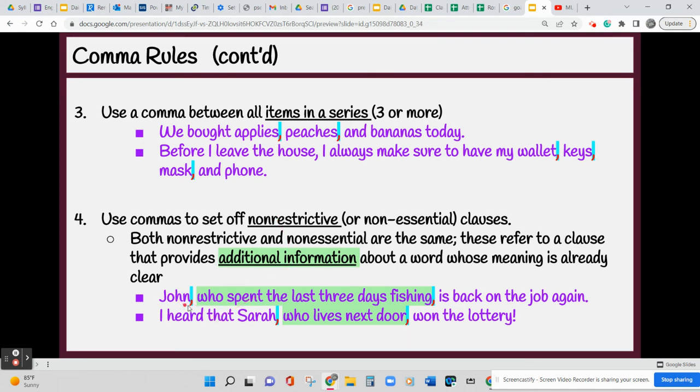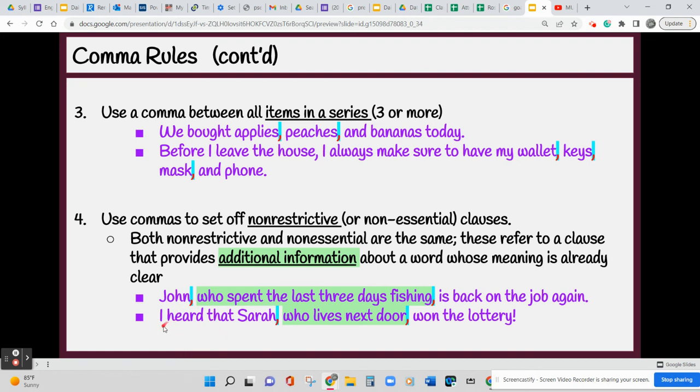For example, John, comma, who spent the last 3 days fishing, comma, is back on the job again. So essentially, we could take out this part of the sentence, and the sentence would still make sense. John is back on the job again. It makes sense without this chunk. But this added information gives us more context, more meaning to who John is.